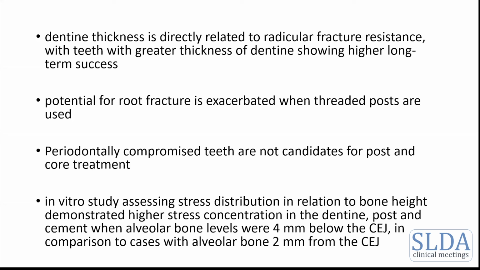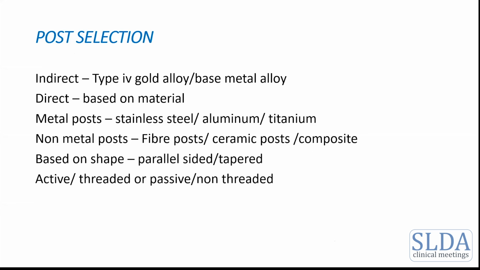That is, from the cemento-enamel junction, the alveolar bone starts 4 millimeter below that junction. Then the stresses are more. So what if it is 2 millimeter from the CEJ? It is not very clear about that. But anyway, periodontally compromised teeth are not good candidates for post and core restorations.